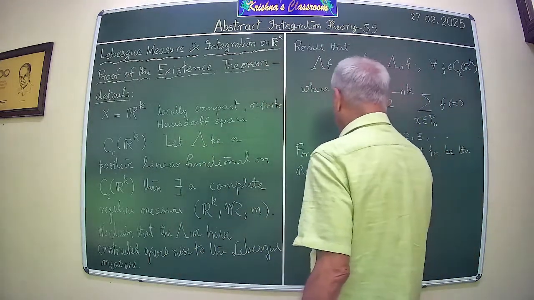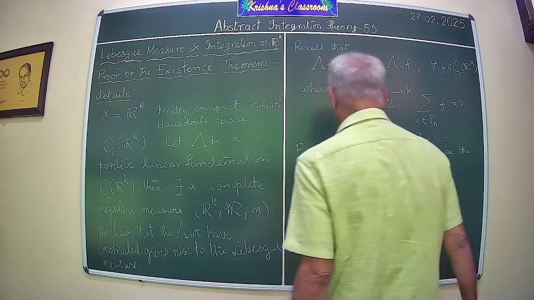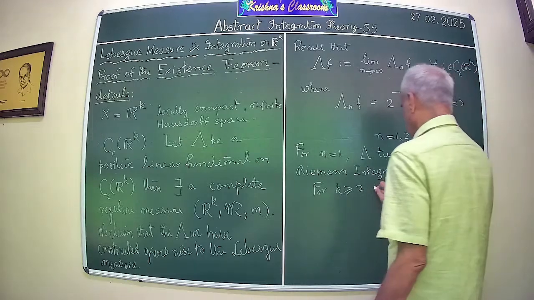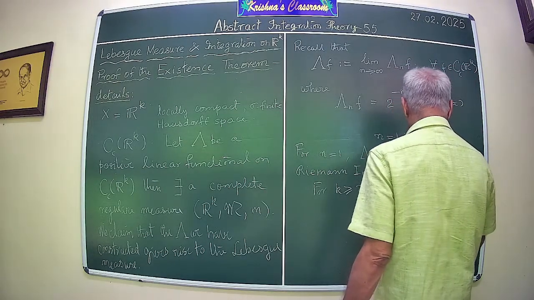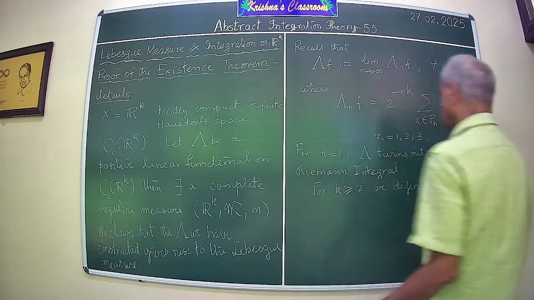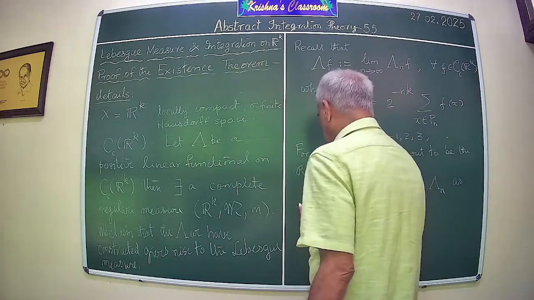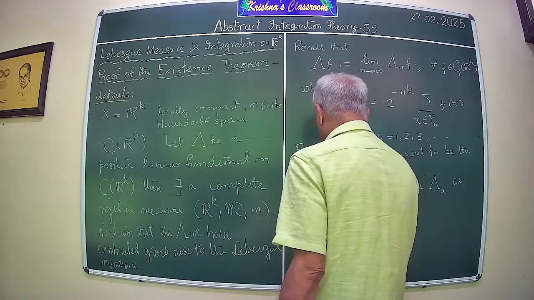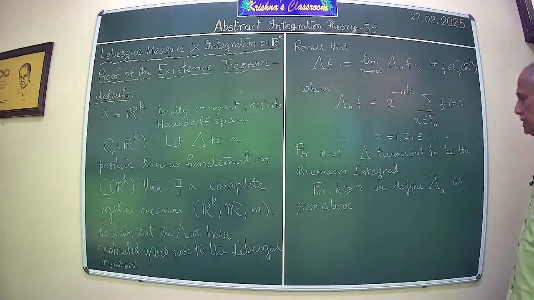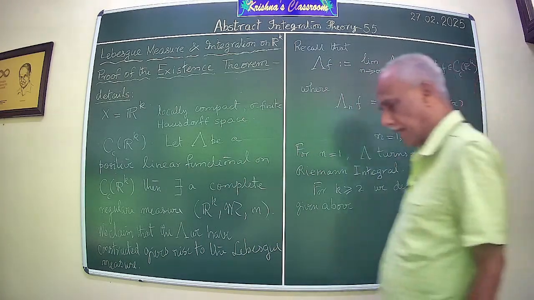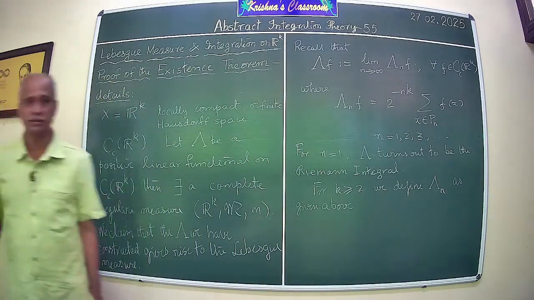Now for k, we define lambda_n as given above, which is an approximation to f through what are called step functions.